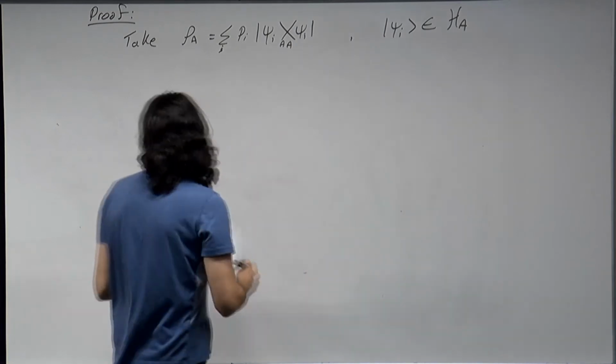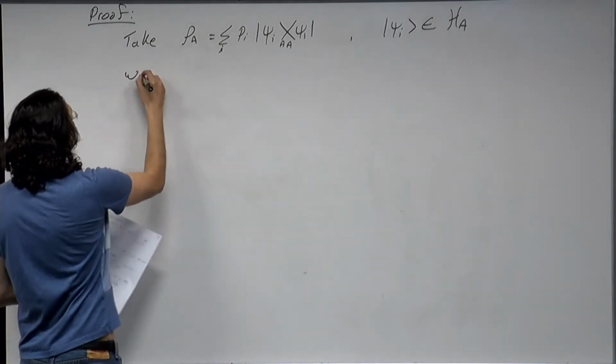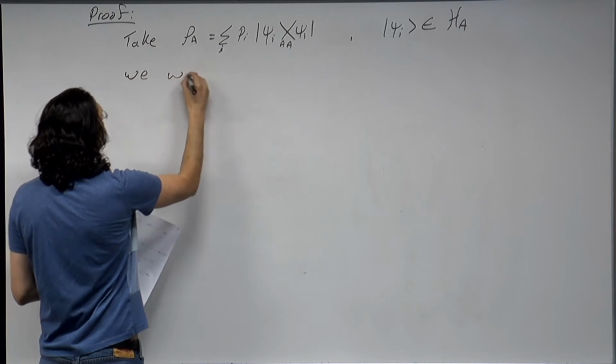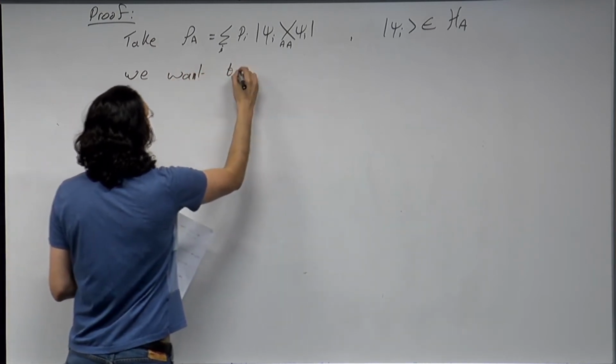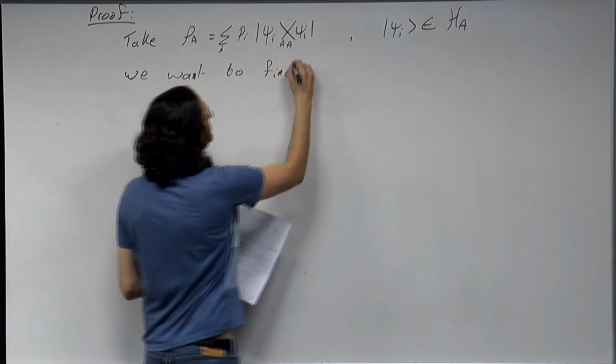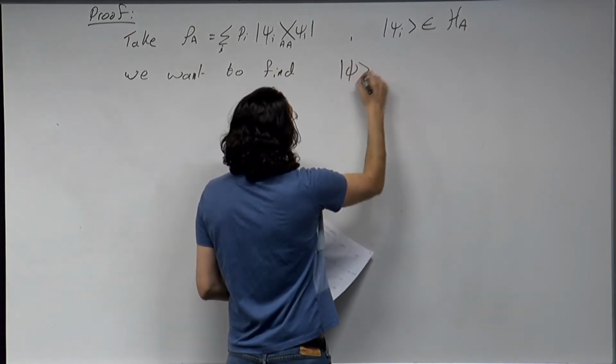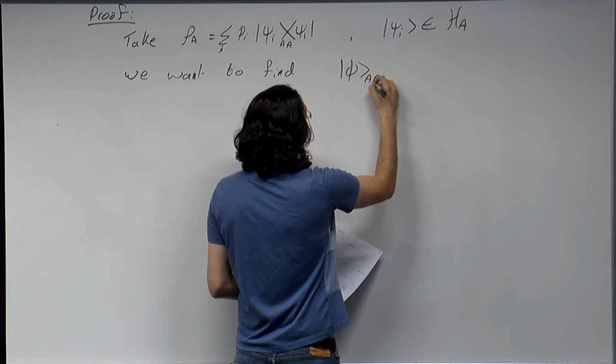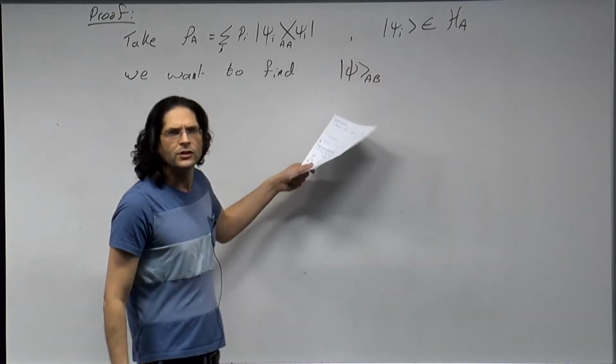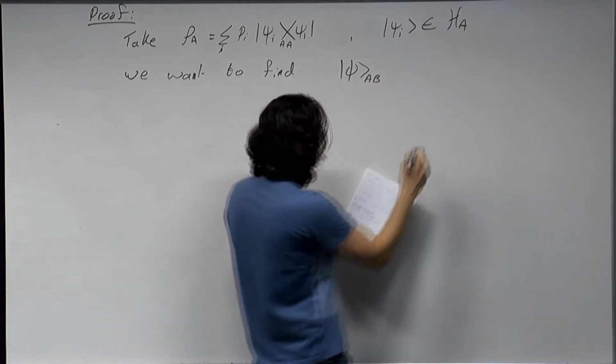What we want to show is that we can always find some phi_AB, a wave function over the Hilbert space AB.